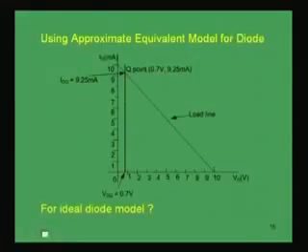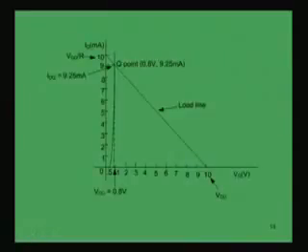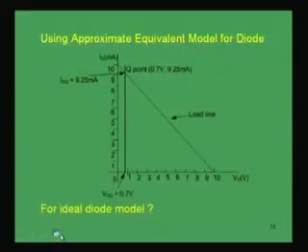Now, in this whole analysis, we have seen that it is very important to draw the characteristic curve and measure everything accurately. That is tedious, or in some cases you do not really need such accurate calculations. So, we can also use an approximate equivalent model for a diode. That is, if we consider again this non-linear characteristic curve, it can be approximated by the piecewise constant voltage model.